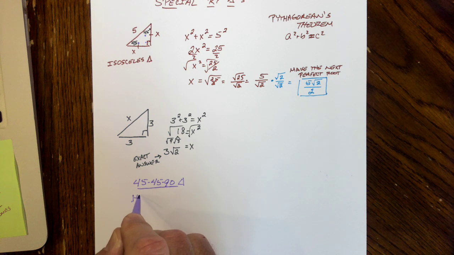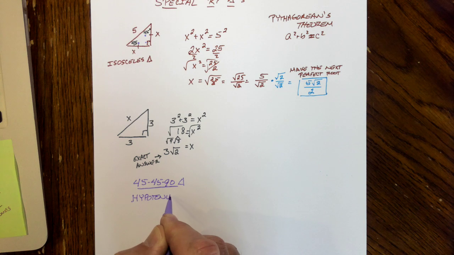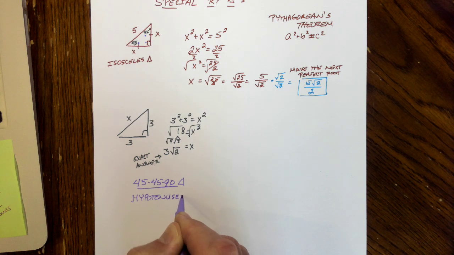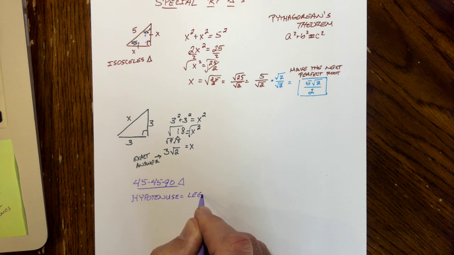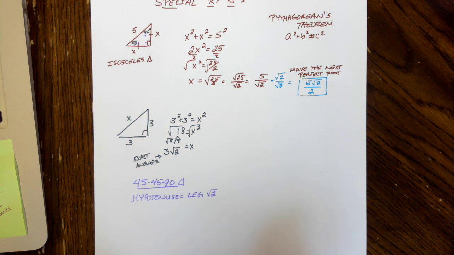The hypotenuse is equal to one leg times the square root of 2. One leg times the square root of 2.